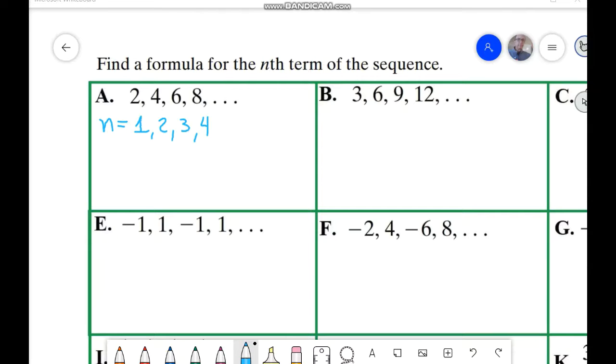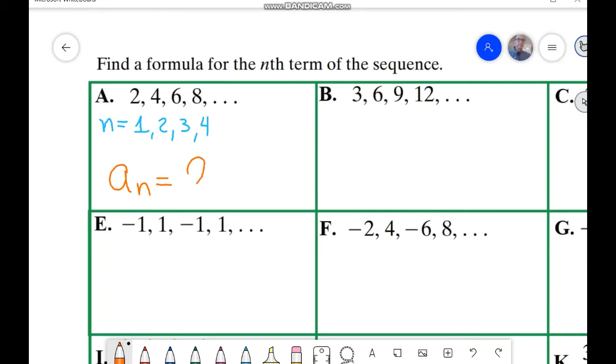Yes, Mia, no problem. For letter A, to find A of n, we can notice that the term is going to be 2 times n, right? For n equals 1, the first term is 2. For n equals 2, the second term is 4. For n equals 3, the third term is 6. For n equals 4, the fourth term is 8.